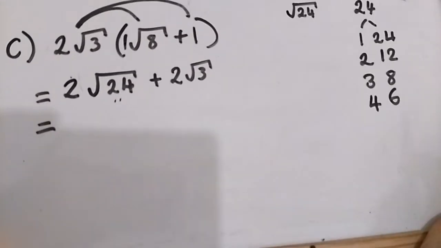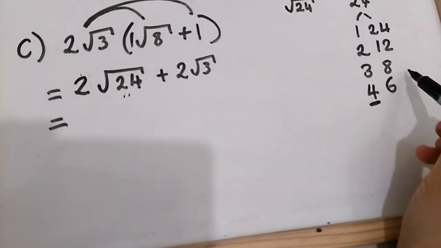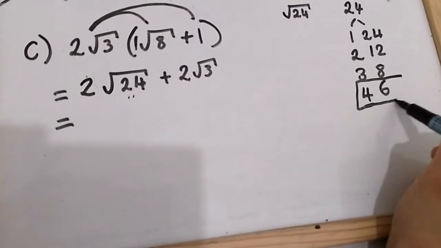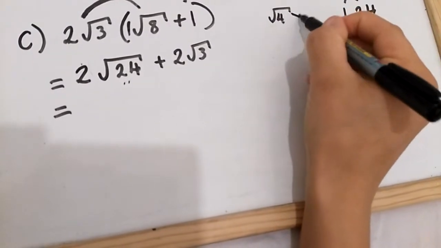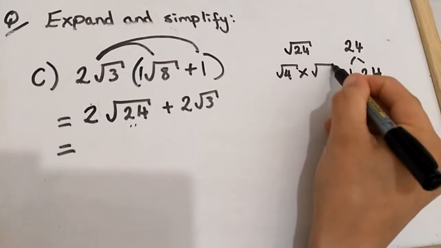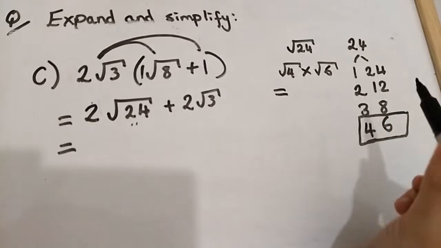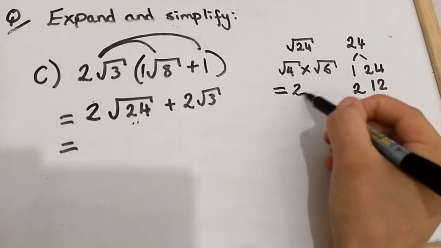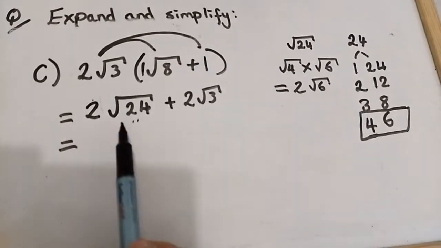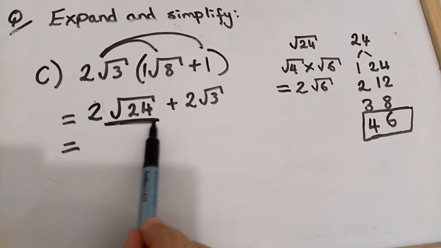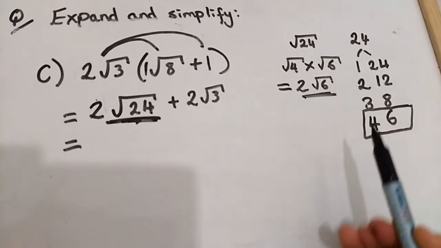Let's go for the highest square number. 4 is the highest square number, so we're going to pick this pair. So replace it by the square root of 4 times the square root of 6. Square root of 4 is 2, so that gives us 2 root 6. So I'm going to replace the root 24 by 2 root 6.